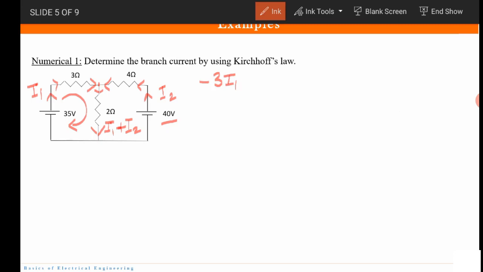Got it? Now we are coming in the downward direction, that is through 2 ohms. We are also moving in the downward direction and the current is also flowing in the downward direction, so we have to take minus.